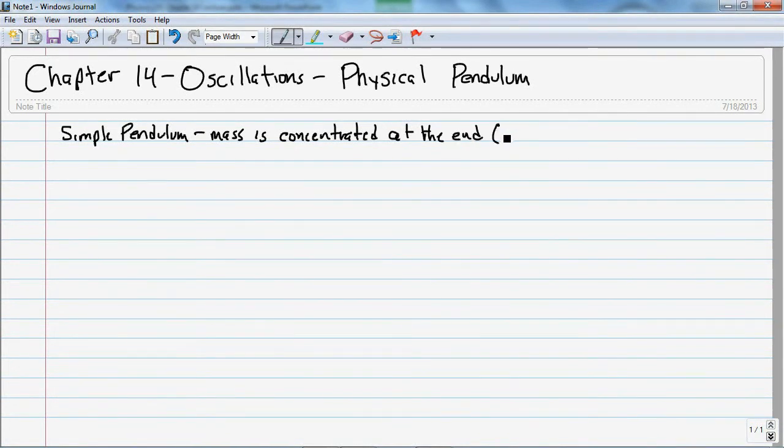And we considered that the connecting cord has no mass.